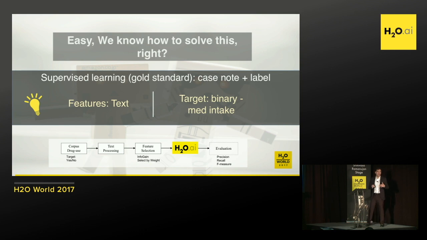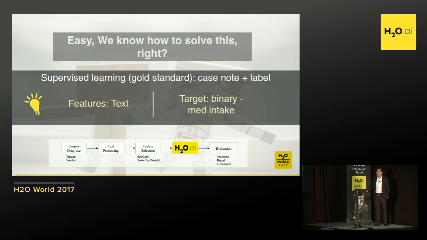Instead of having all the caseworkers go through the entire set of notes, we just have them code a subset of those notes, and then we can use that to infer new cases, right? So this would be the traditional process of doing it.